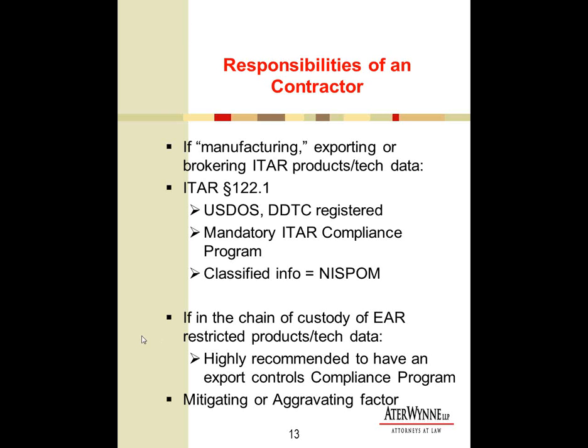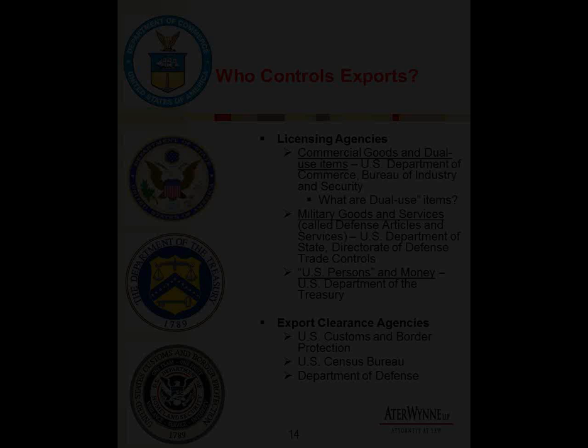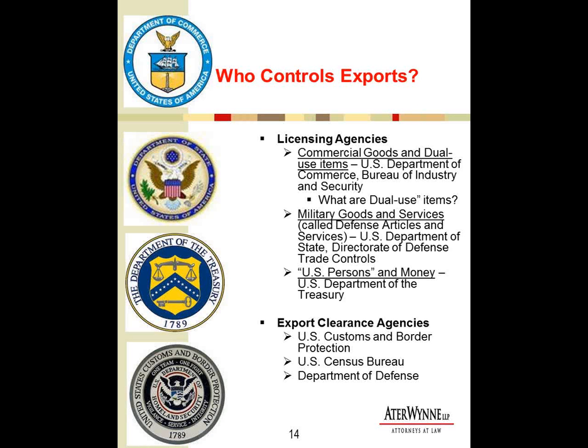So compliance programs are generally helpful, if not essential, for both commercial and military products companies.